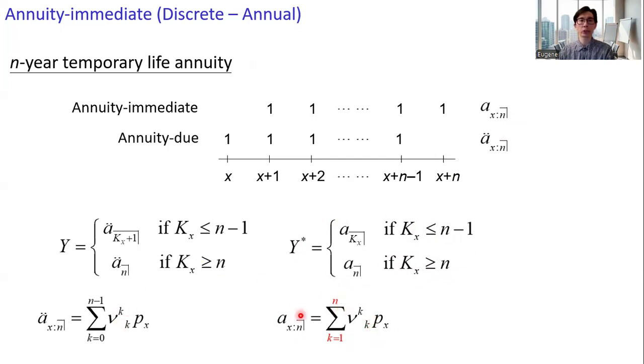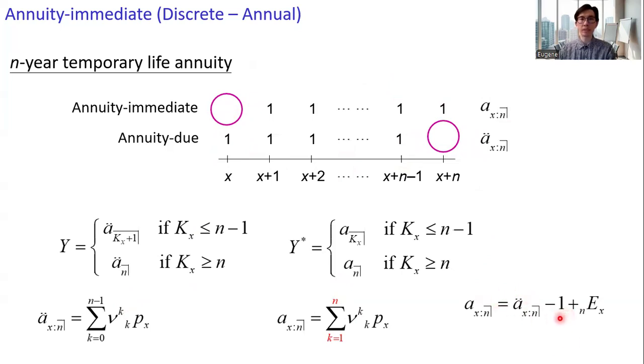Compare these two expressions, or compare the two payment streams. We have a difference here and here. And therefore, we can link up the annuity due and the annuity immediate. So the annuity immediate equals the actuarial present value for the annuity due minus 1.